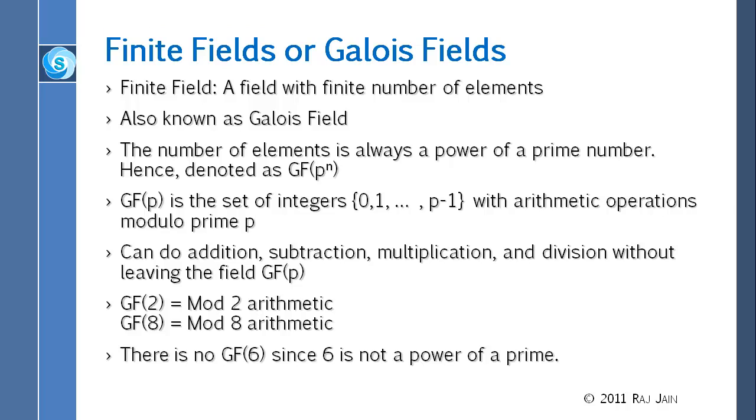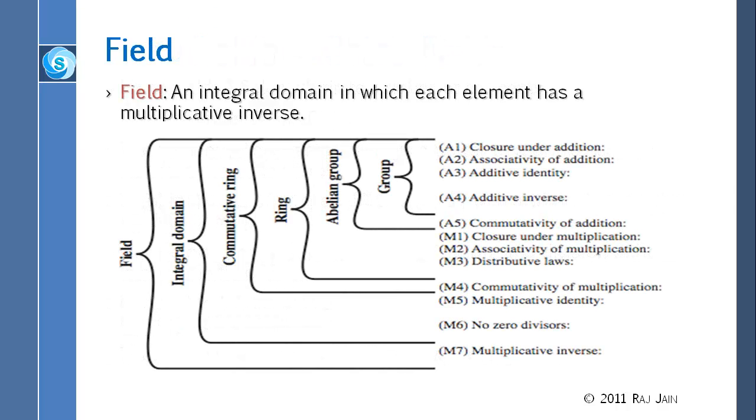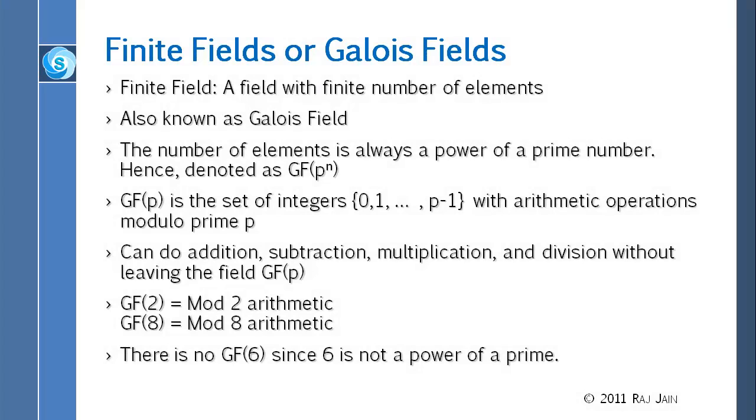If it is a field, it will always be a power of a prime, p raised to n. P is a prime, n is some number. If it is not a prime raised to n, it is not a Galois field because it will not satisfy one of those properties. So the number of elements is always a power of a prime number.